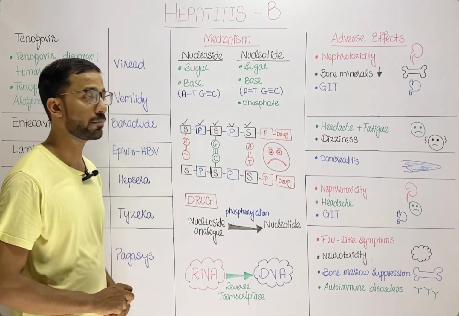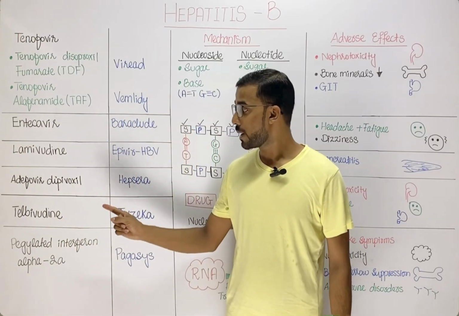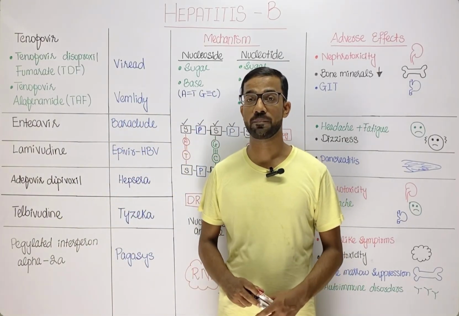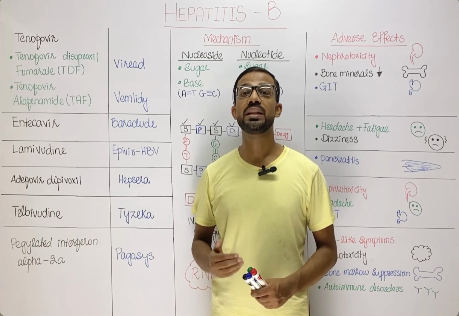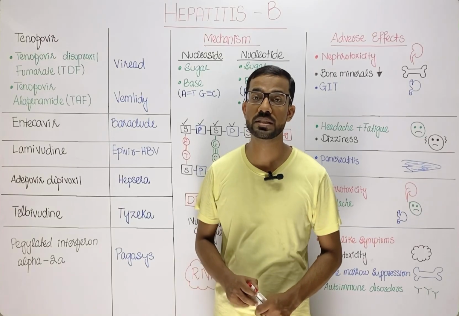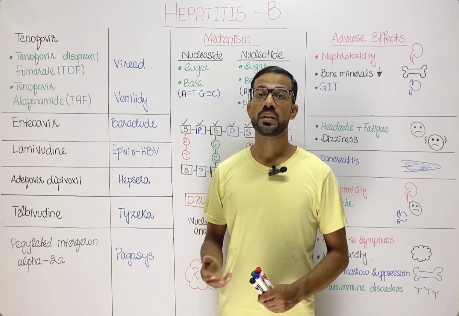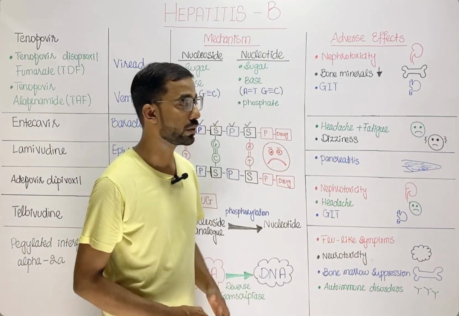So that is the important mechanism of the nucleoside analogs. And last, the pegylated interferon alpha-2a. This drug activates the immune system, and it also activates the ribonuclease that ultimately destroys the messenger RNA of the hepatitis B virus. So this is a different mechanism as compared to the other drugs.